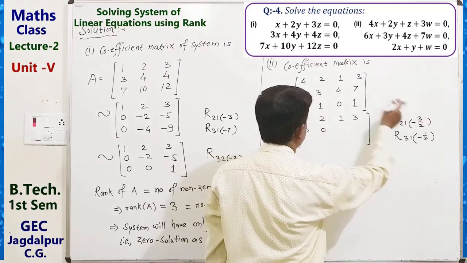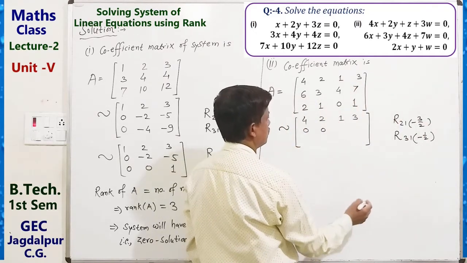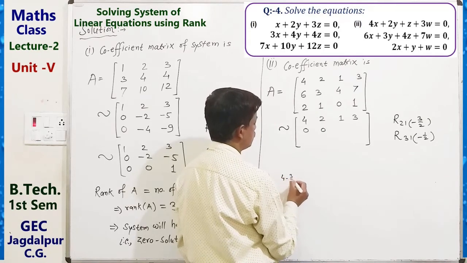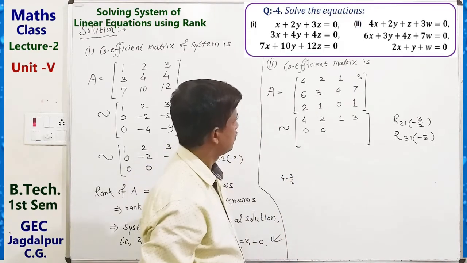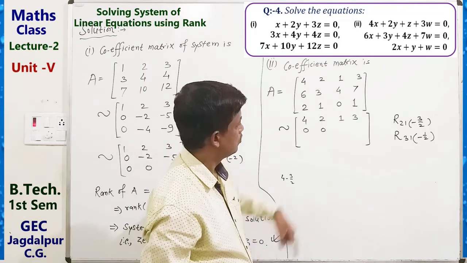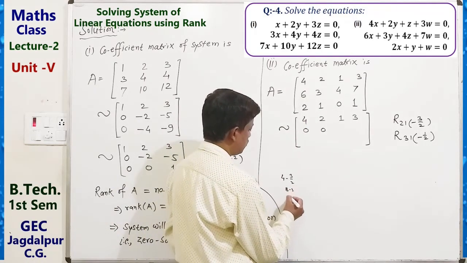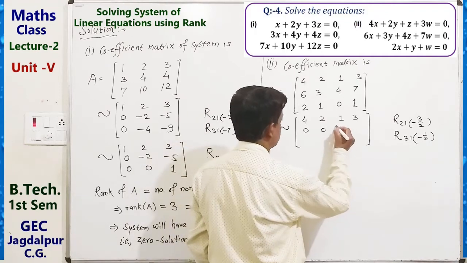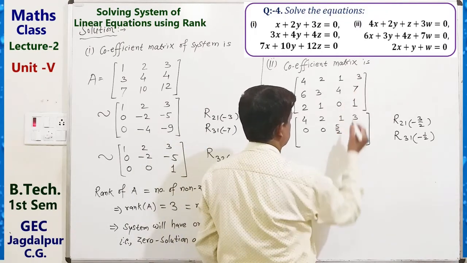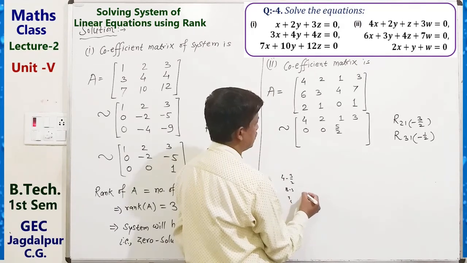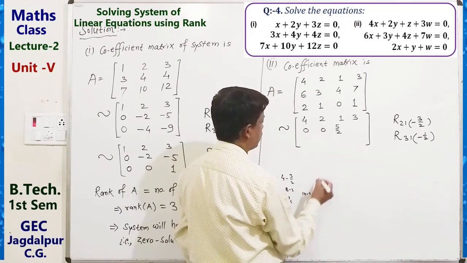And 1 minus 3/2 is minus 1/2. Then 4 minus 3/2 is 8 minus 3, so 5/2. Also here 14 minus 9, 5/2.